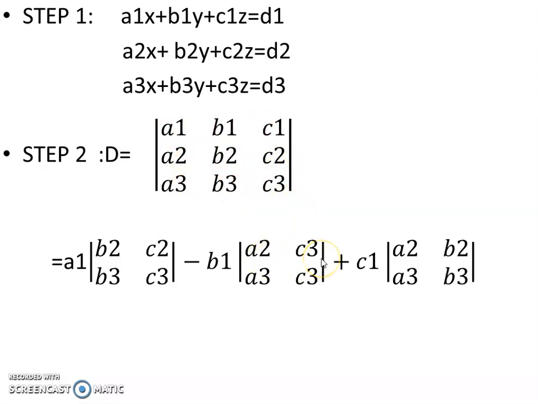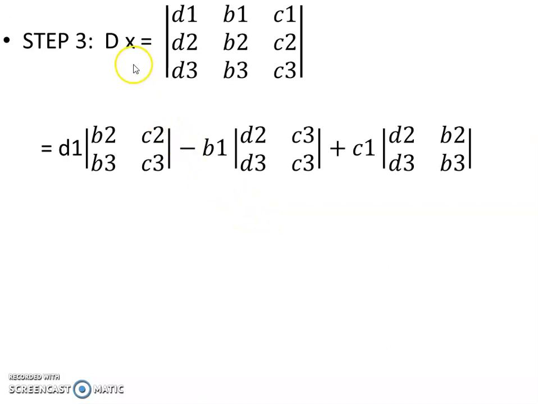Now for the last column, c1, we skip this column and row 1. So we derive a2, b2, a3, b3. Then we take the cross multiplication and derive the final answer of d. So this is for evaluating the d value by the system of 3 equations in Cramer's rule.